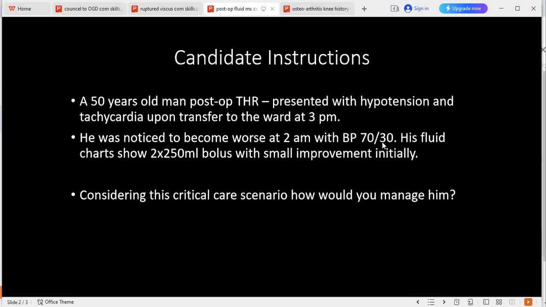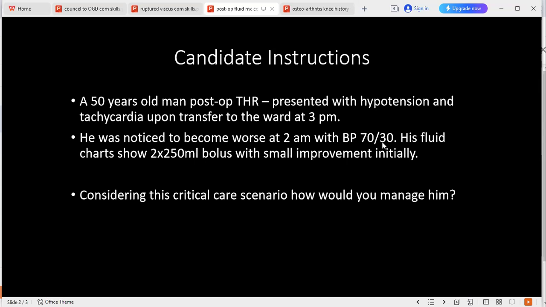Tell me which inotropic support would you give and what would be the dose? Yes, it would be an adrenergic agonist that includes epinephrine, norepinephrine, or it could be dopamine as well. What is their mode of action?